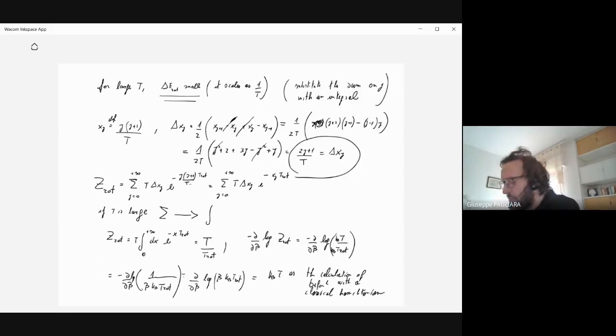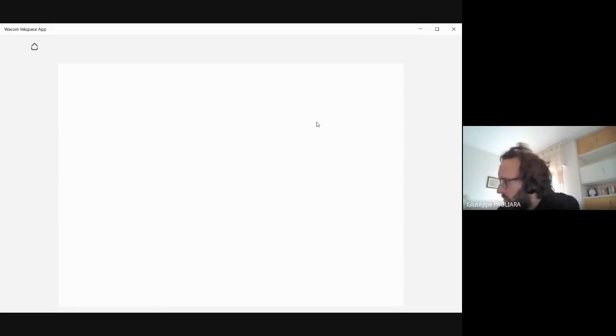Now, what happens instead in the case of small temperature? Let me change page. For small temperature, I cannot derive an analytical formula for this, but we can at least make the following.